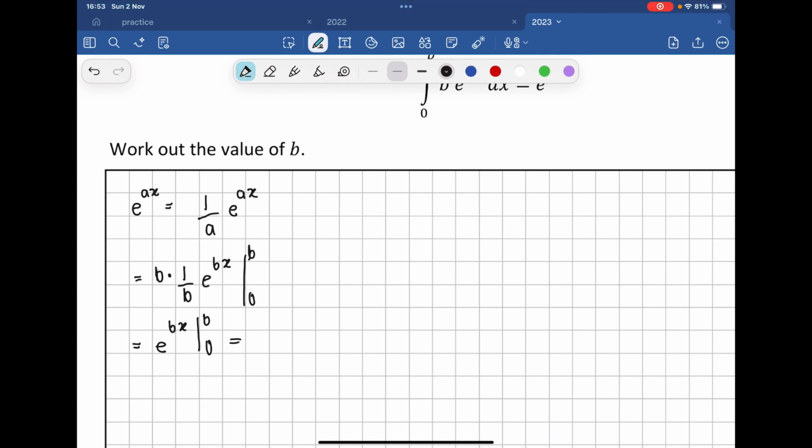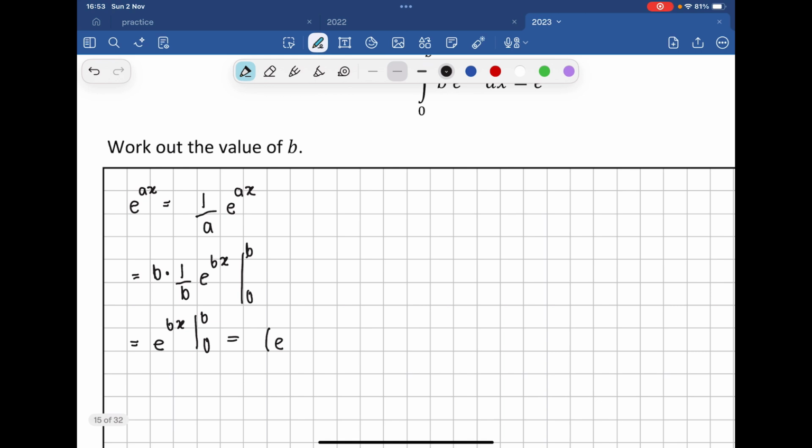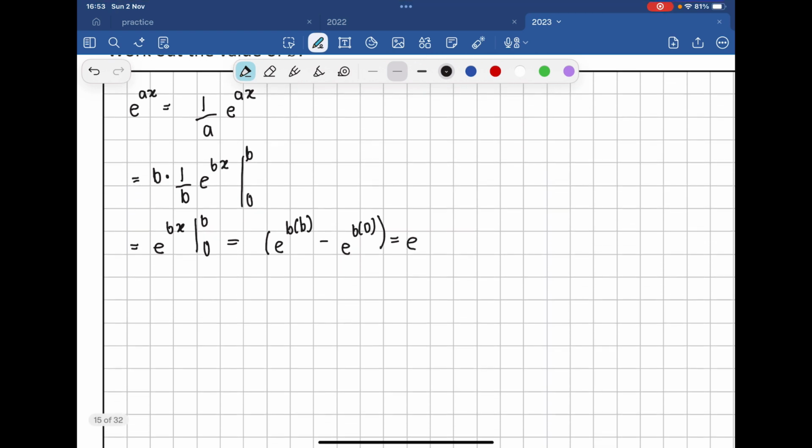So what does that mean? If we sub in our values, we have e to the power of b multiplied by b minus e to the power of b multiplied by 0 equal to e. That means we get e to the power of b squared minus 1 is equal to e.